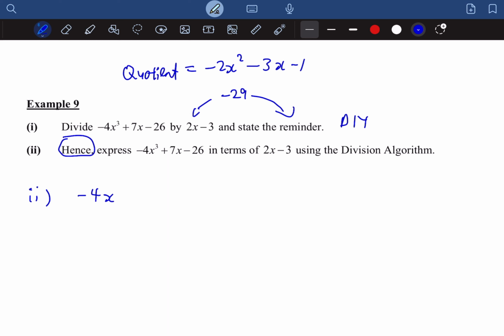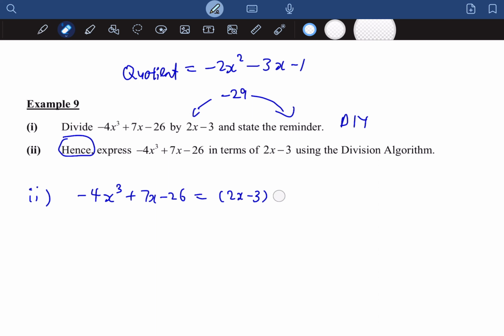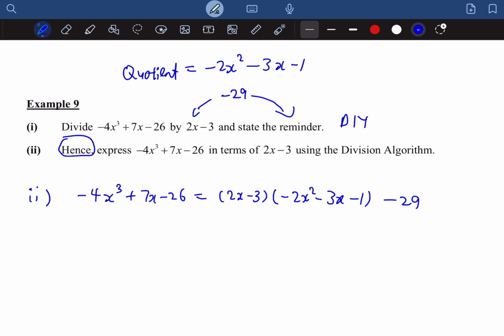So this is the dividend equals to, please make sure you have a bracket, divisor times the quotient and plus the remainder.